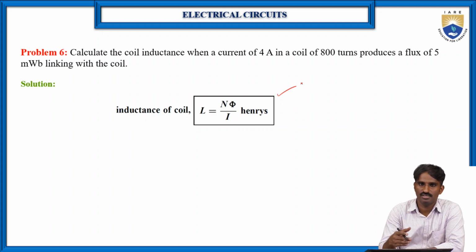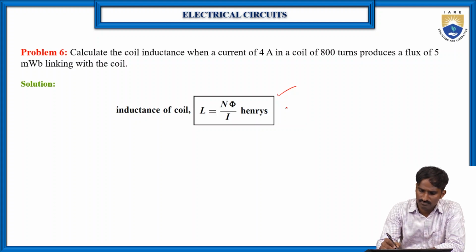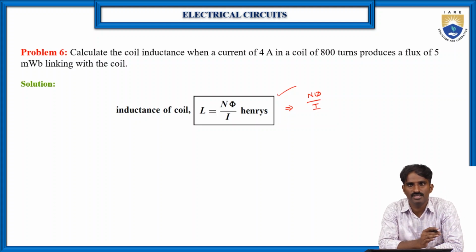I'm just trying to recall all the equations because these concepts we have already discussed in the previous classes. Then here, N into phi by I. So the inductance of the coil is directly proportional to the number of turns of that particular coil and the flux produced by that coil, and inversely proportional to the current flowing through that coil.